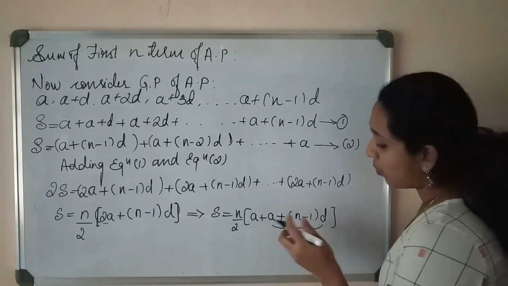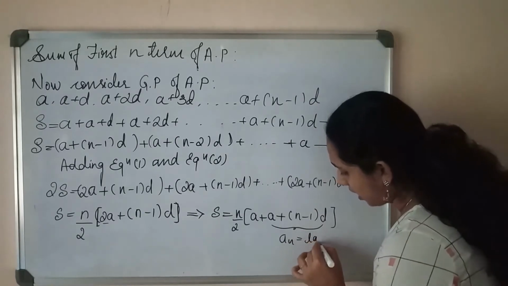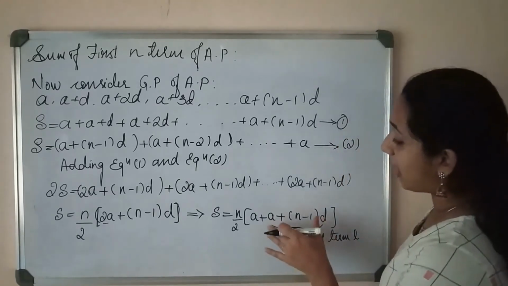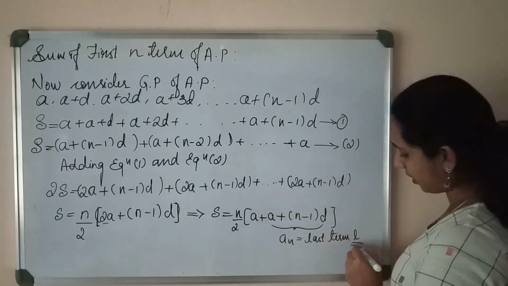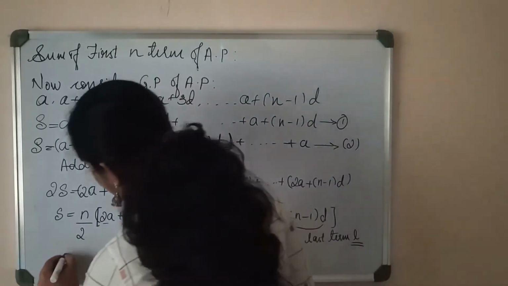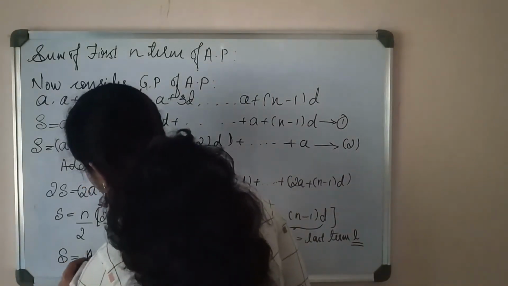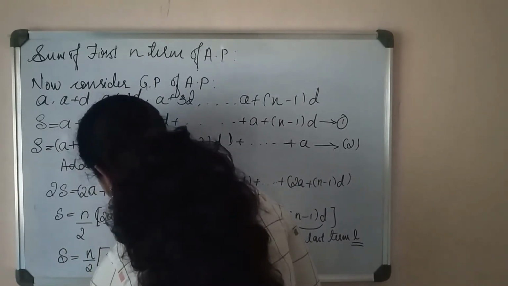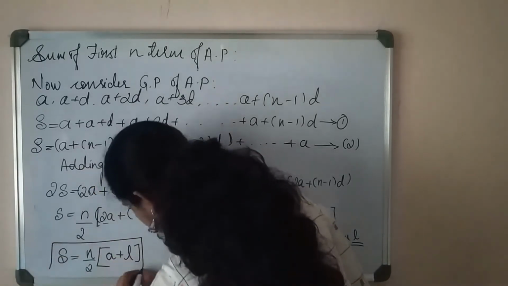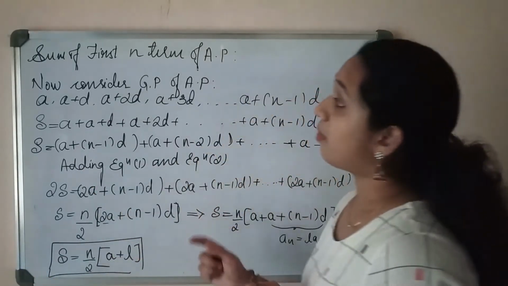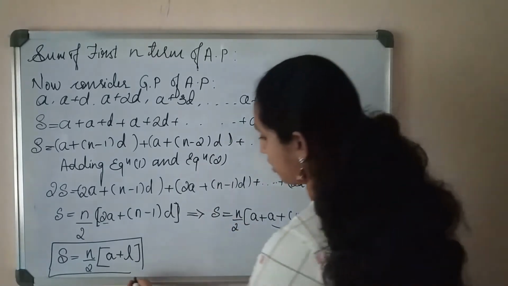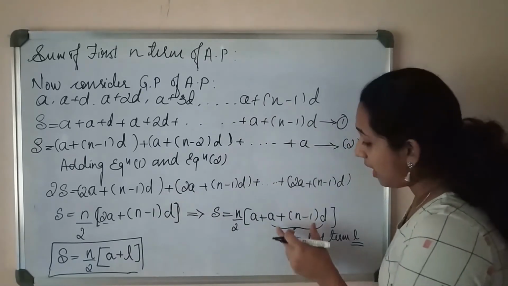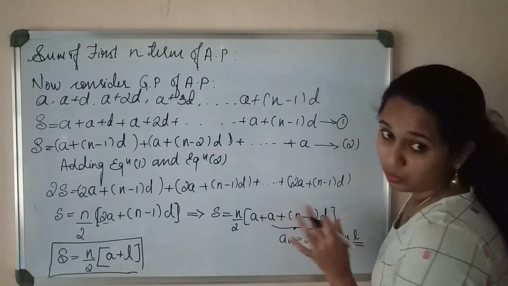This is our nth term, which is also our last term L. Okay, therefore I'm gonna denote this term as L. Therefore we can write S is equals to n by 2 into a plus L. Okay, now this is the formula to find the sum of first n terms of an arithmetic progression, where L is nothing but our last term, which is nothing but an, and an is nothing but a plus n minus 1 into d.